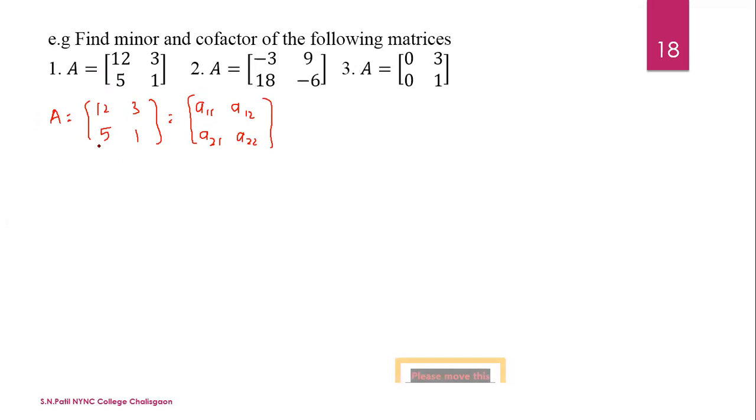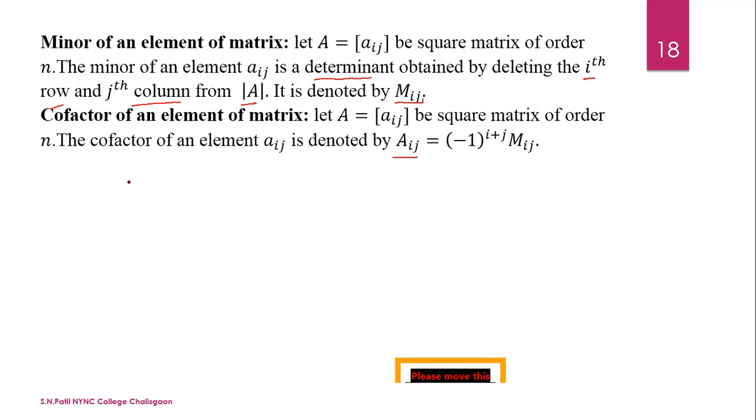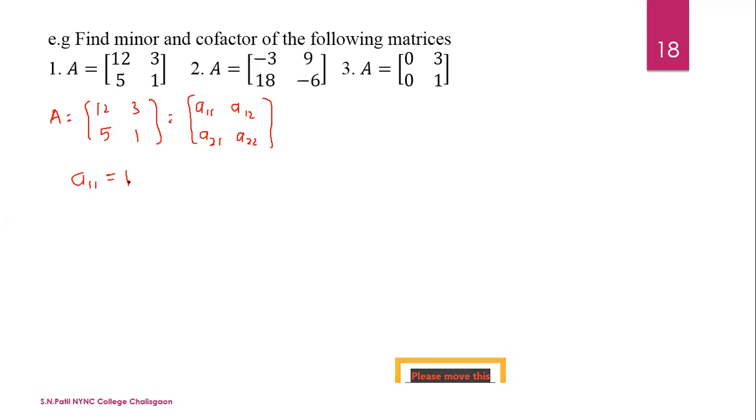Now minor of A11 for this matrix is obtained by deleting its row and column, that is 1. Here we denote the symbol Mij, so this minor is M11. M11 is 1.